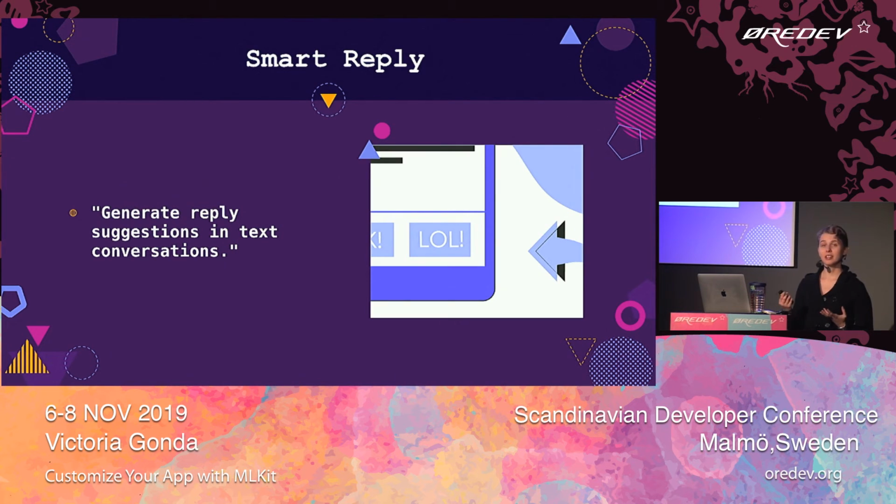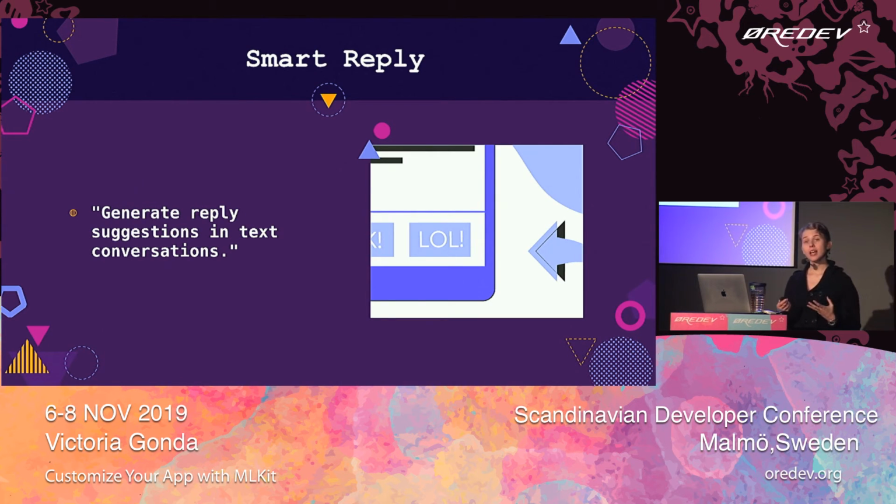The last language API we're going to look at is Smart Reply. You might have seen this in action if you've seen suggestions to a text message that you received. You can use it to generate suggested responses in a message chain. With it, your users can respond to messages more quickly with a simple response.